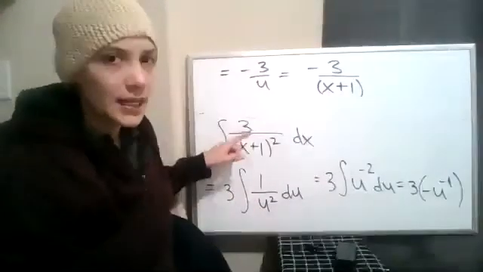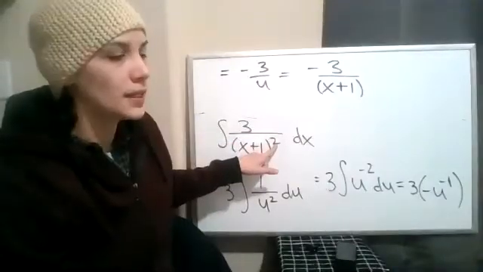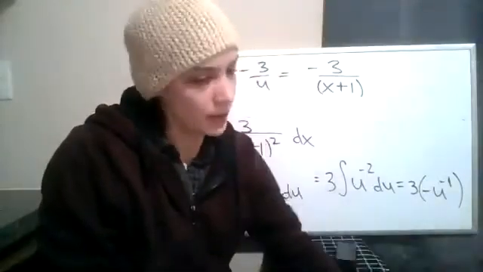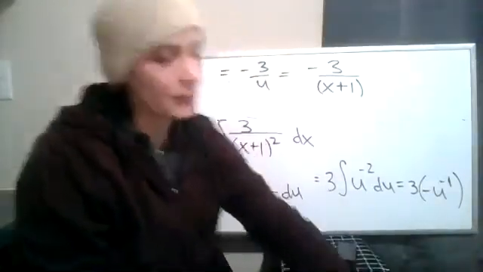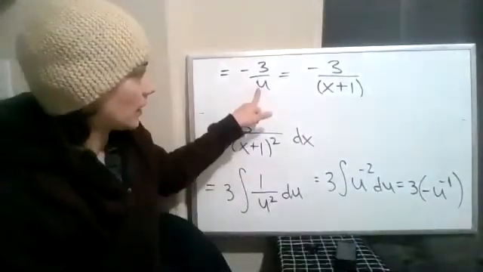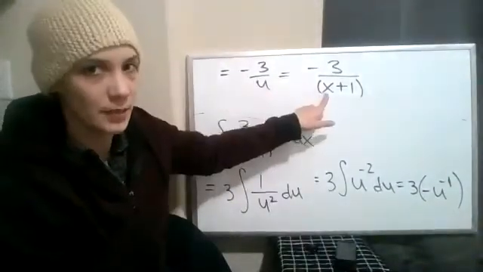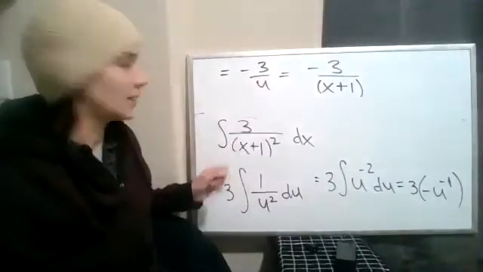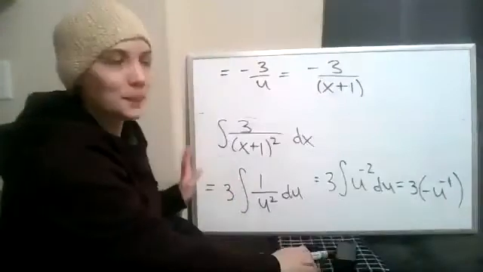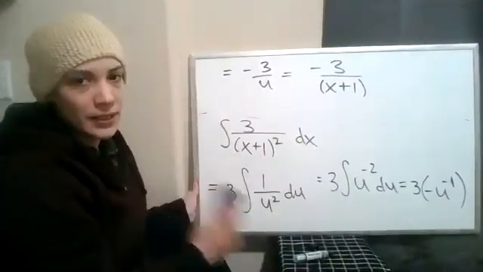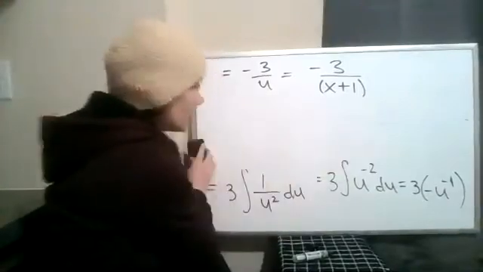Oh yeah, it did have a square here, but I picked u equal to x plus 1. So when you put u back in, it's just this piece, x plus 1. Got it, thank you. Yeah, for sure. Cool. So just this example, and we'll be done for today.